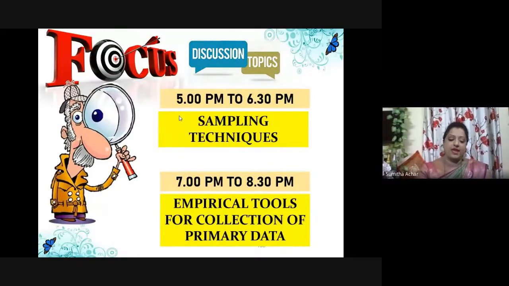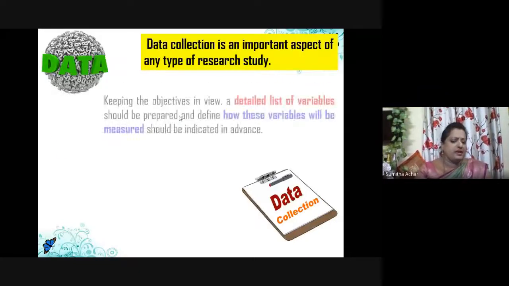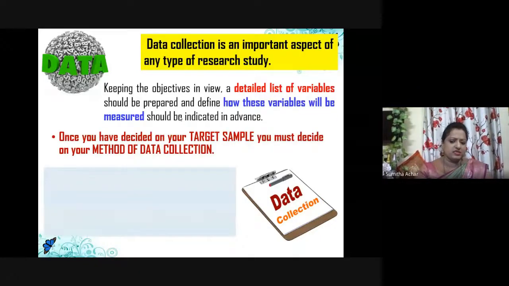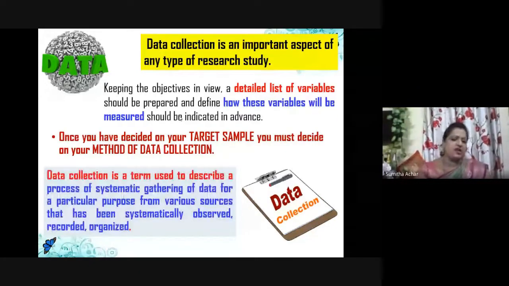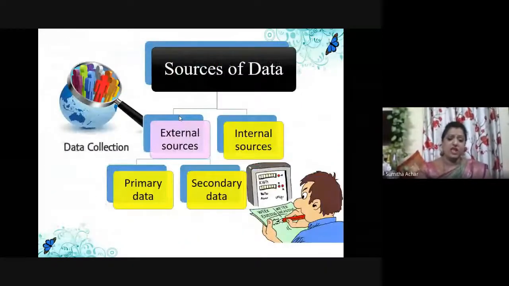Now moving ahead to the second part, that is empirical tools for data collection. Now, I don't want to call it primary data, quantitative data, qualitative data, and so on. We will just talk about data collection, right? All of this has already been discussed in your previous days' lectures, right? So generally, all of you know there are two basic forms of data collection, which are segregated under the headings of external sources and internal sources.